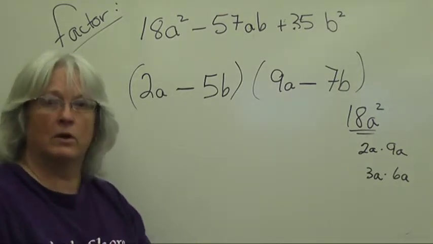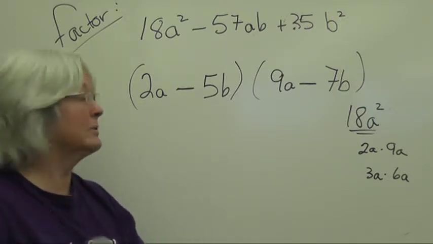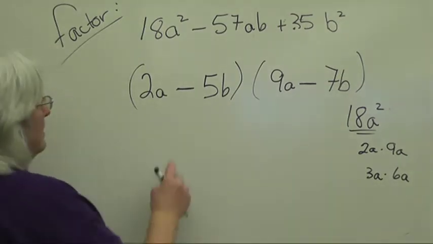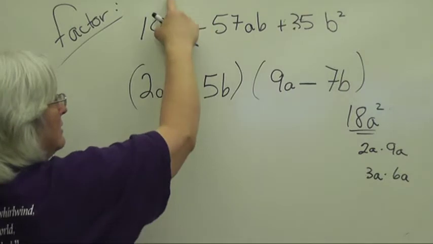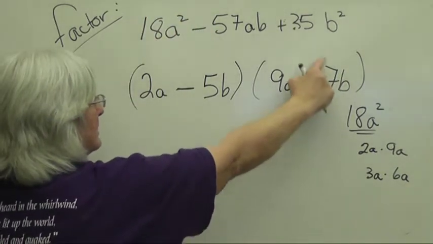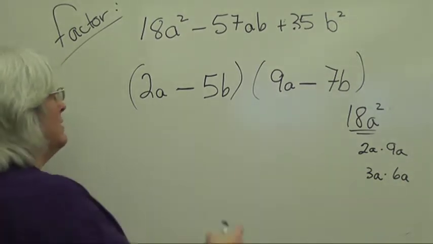And since that's another one of those where you have an extremely small and an extremely large factor, we're going to try our 5s and our 7s first. And just to verify, our first terms together, 2a times 9a gives us 18a squared. Negative 5b times negative 7b gives us the 35b squared that we need.